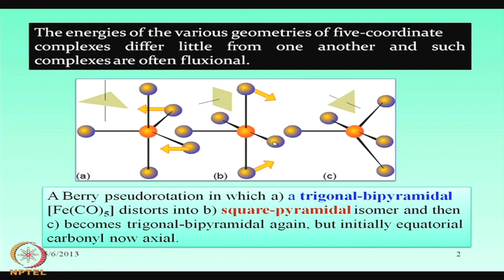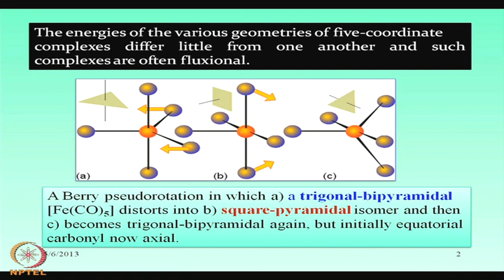That means all these four carbon monoxide molecules have come to a particular square plane: first one, second one, third one and fourth one. They are present in this square plane, and this particular carbon monoxide has become the corresponding pyramidal one. So from this direction we get a square pyramidal geometry. So, TBP geometry has changed to a square pyramidal geometry.